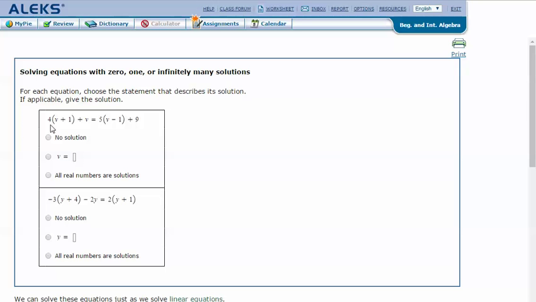The first one is 4 times (v plus 1) plus v equals 5 times (v minus 1) plus 9. And then our options for an answer are either no solution, or we can mark this one which solves for v, so v would equal a number, or mark all real solutions. And the same thing for this second equation.